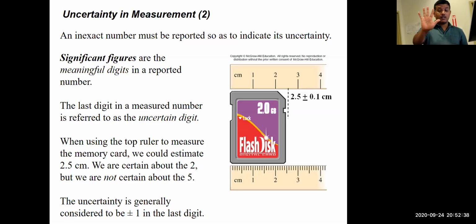You can be sure that there are 5 fingers, but if you try to measure the length of my hand or the width of each finger, you can estimate the last digit, but you cannot be sure. So counting 5 is an exact number, but identifying the length, width or mass of these fingers is a challenge because these come from measurement. So we call these inexact numbers.